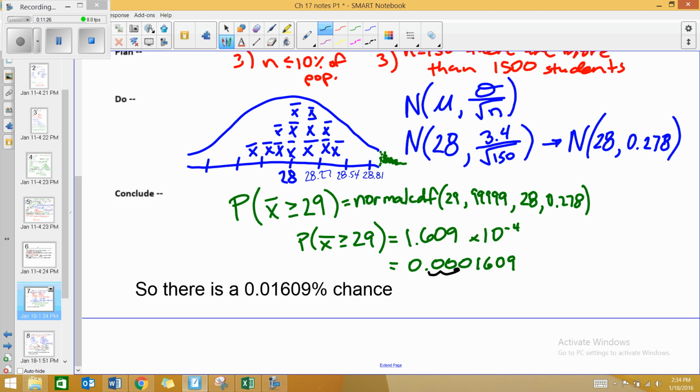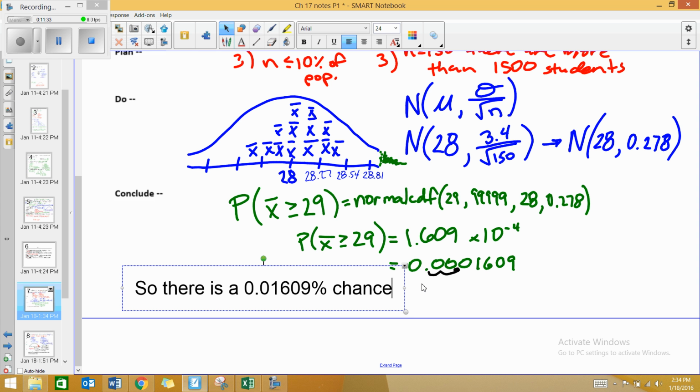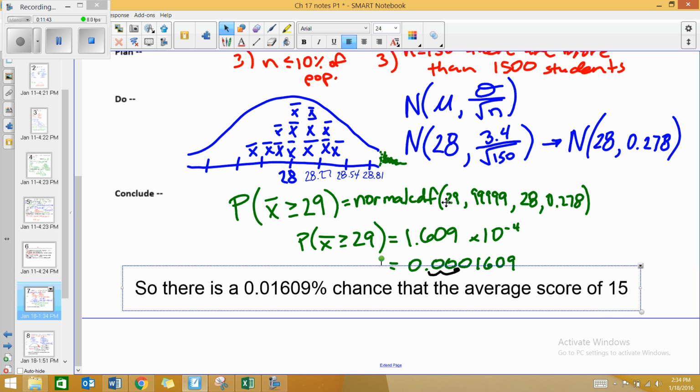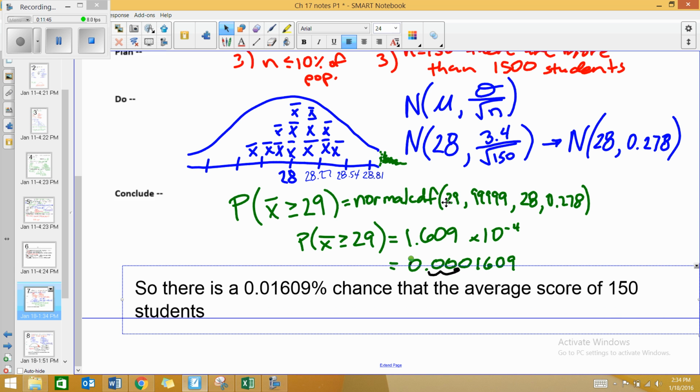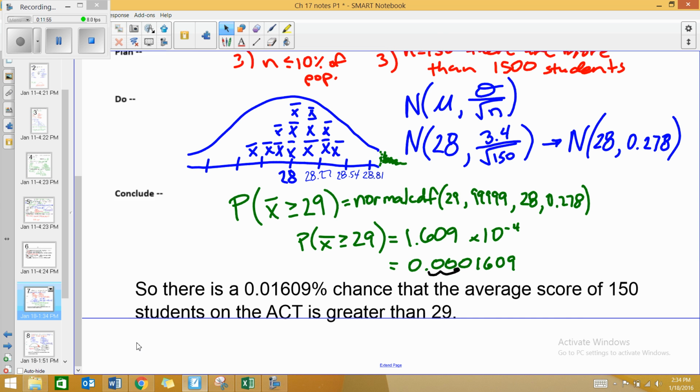So there is a less than 1% chance of you finding a sample of 150 people that has a combined average of over 29 points. That the average score of 150 students on the ACT is greater than 29. And we've tied it back into the context.